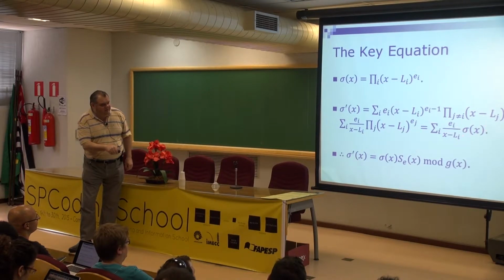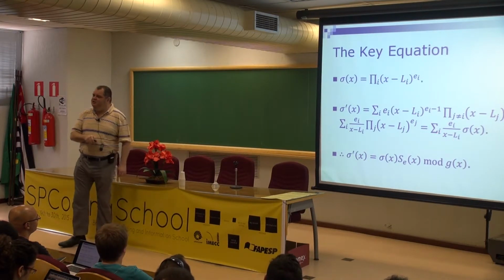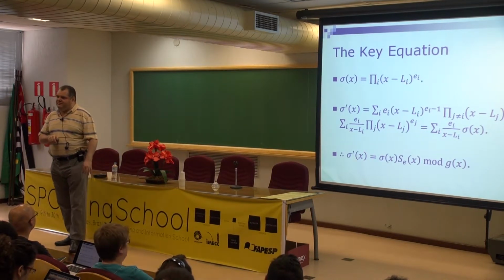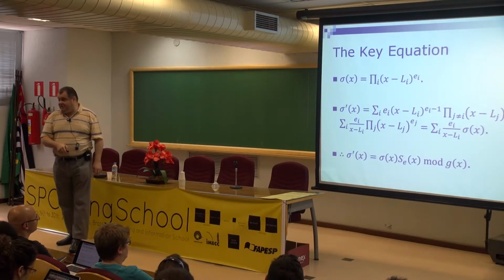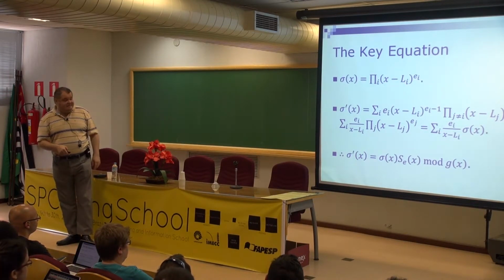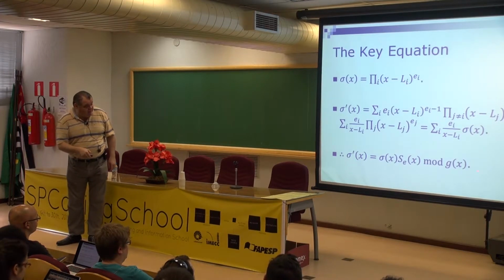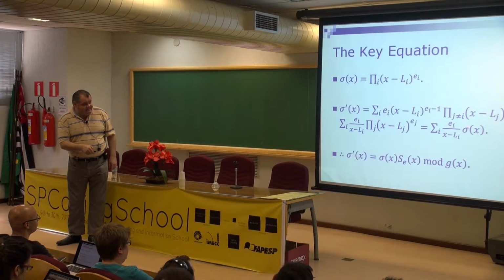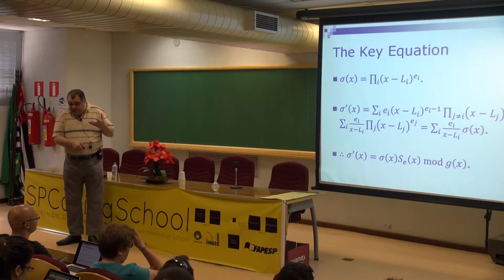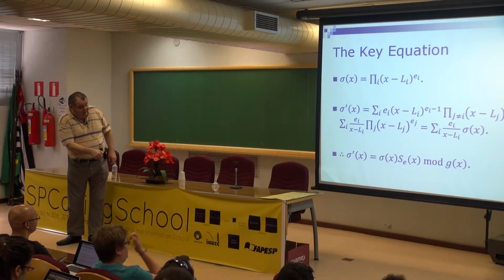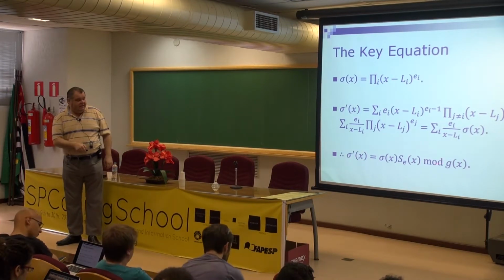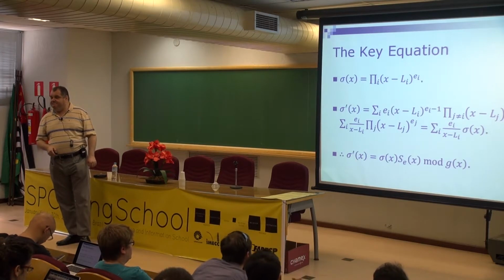If it weren't for the presence of sigma of x here, this expression is very similar to the syndrome function. If we compute this mod g, we would have essentially the syndrome. And this is exactly what we have. The derivative of sigma of x is sigma of x times the syndrome function applied to the error pattern e mod g.